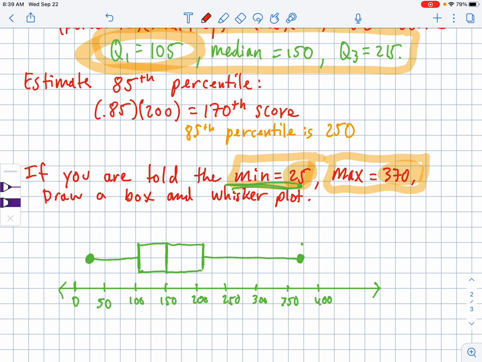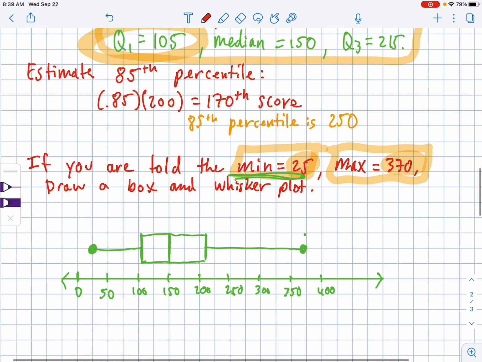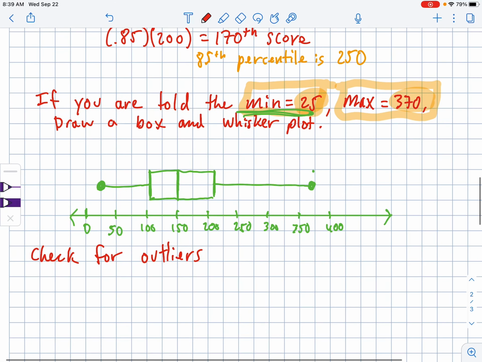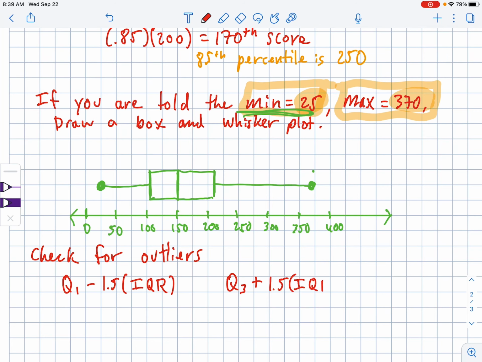The last thing they want us to do for this problem is check for outliers, because this score right here could be an outlier, and then we'd have to change our box plot. To check for outliers, we're going to use two formulas. The lower bound is Q1 minus 1.5 times the IQR, and the upper bound is Q3 plus 1.5 times the IQR.